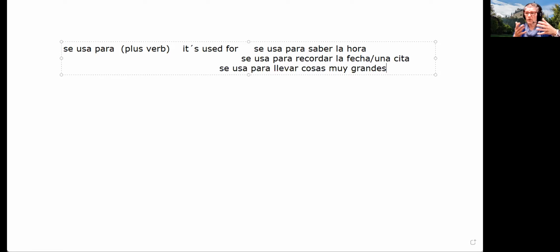You use it for carrying, transporting big stuff. En un camión, ¿sí?